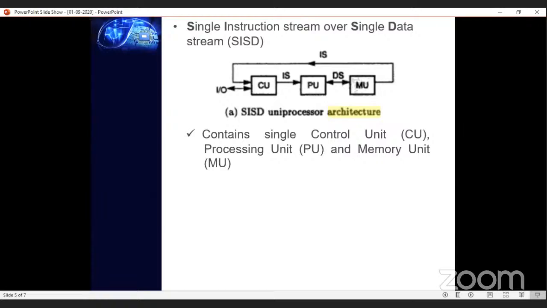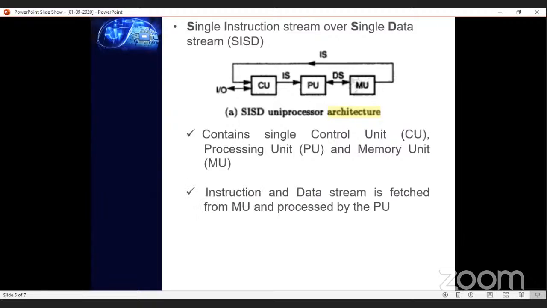Okay, so in computers following this SISD architecture, both the instruction and the data are stored in memory, and during processing, both the instruction and the data are fetched from the memory unit and processed by the processing unit. What is the meaning?